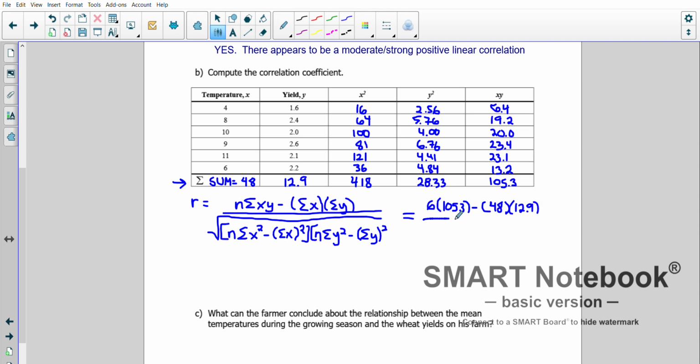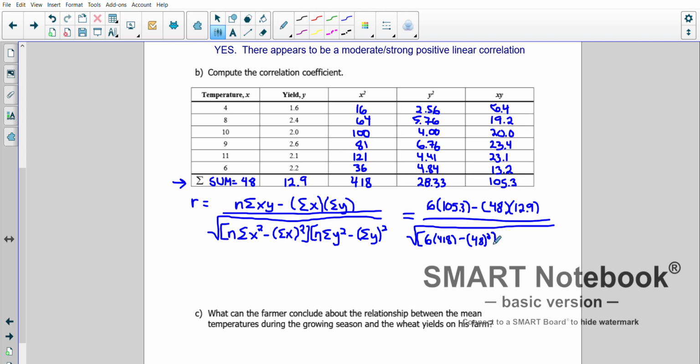And then what do we need for our denominator? I need n, which is 6. The sum of x squared. So here's x squared, add it up. So 418 minus the sum of x, which is this. This is the sum of x, 48. Squared.